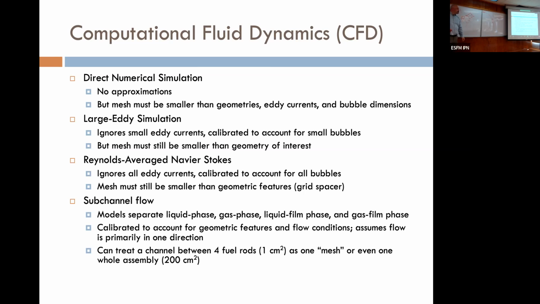And so now I can create this sub-channel model that is on the range of every channel. Every channel is modeled individually. And so that would create a mesh that's on the order of 1 centimeter squared. But if I wanted to, I could use the exact same type of thing and say, let me just model that entire assembly.